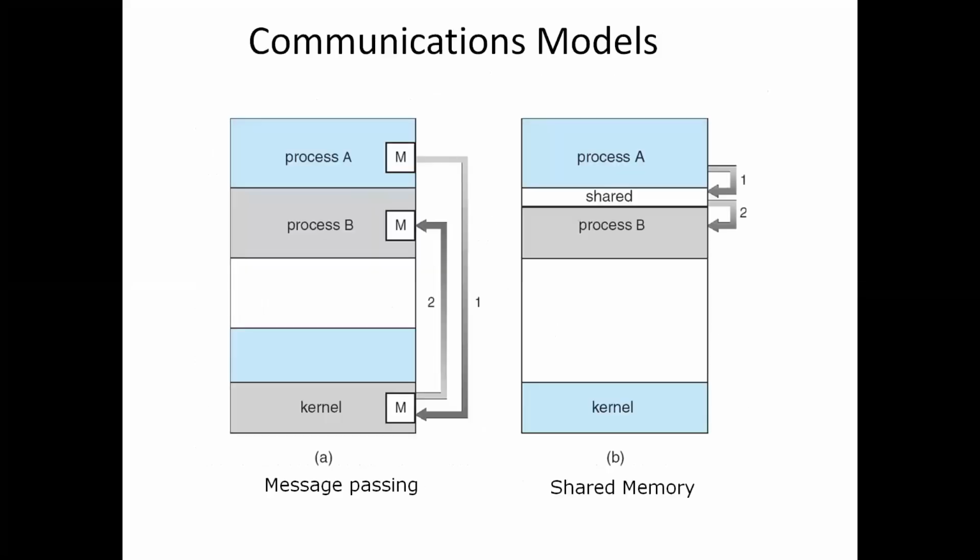You can see here, there will be a region of memory that is shared by the cooperating processes, established in the shared memory system. This is the region which is shared among the cooperating processes.